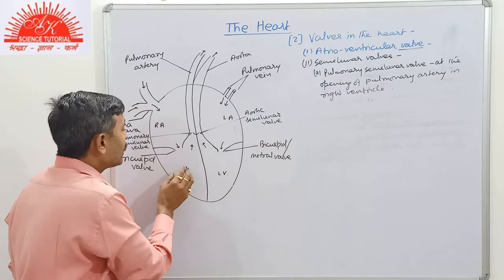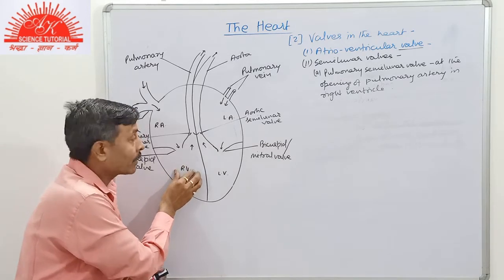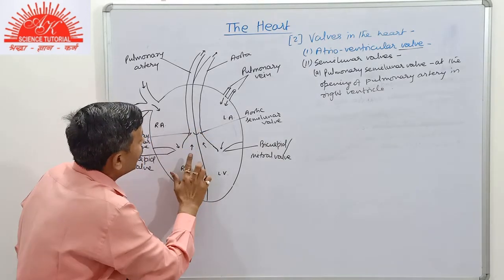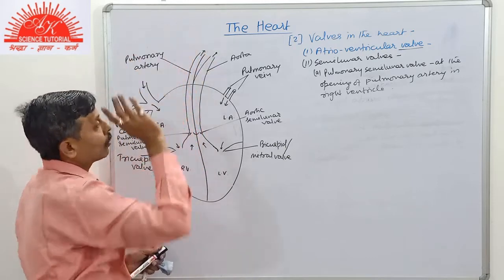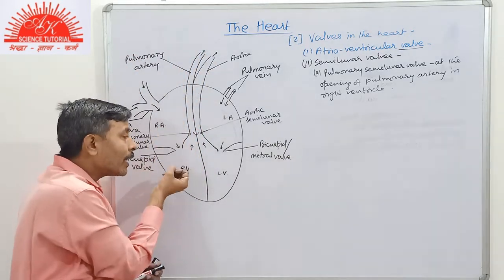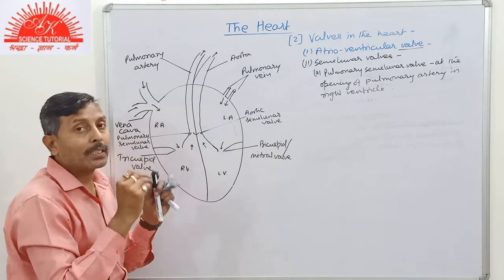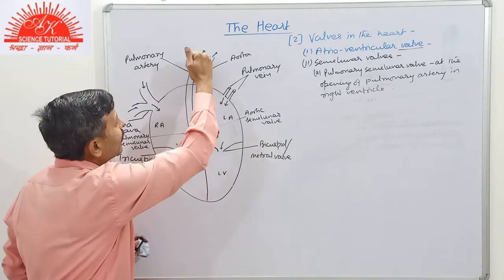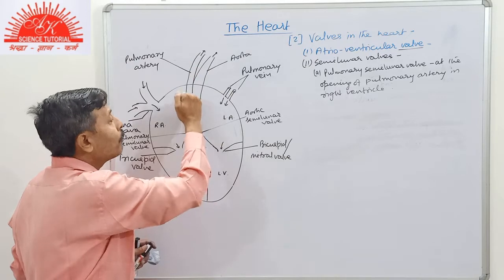Now you see, when the right ventricle has contracted, it pumps blood into the pulmonary artery against gravity. But when it starts to relax, the pressure decreases, then the blood tends to fall down and come back.